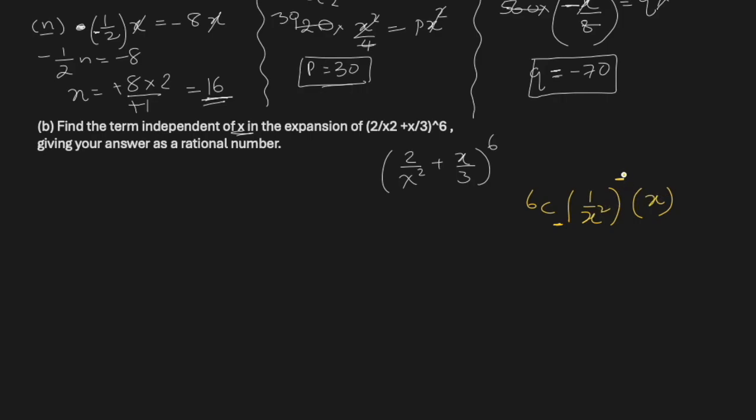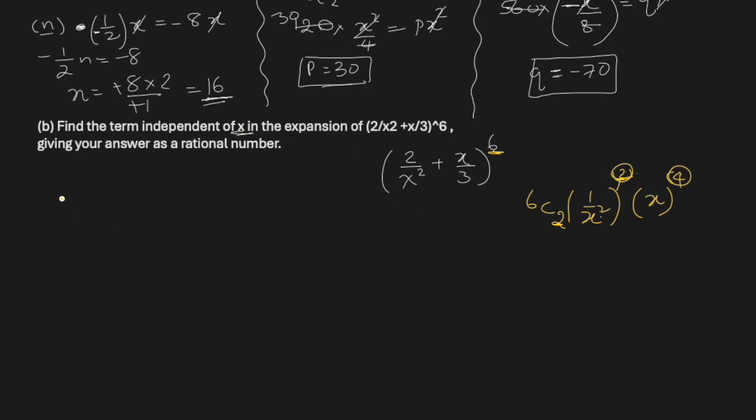The exponent of x should be half of the exponent of the other, and their sum should be 6. So obviously this comes out to be 2, and this comes out to be 4, because 2 plus 4 is 6. If x square is given power 2, it becomes x to the power 4 at the bottom. If x is given 4 powers, it becomes x to the power 4 on top, and they cancel out. That's how I will get the term independent of x.